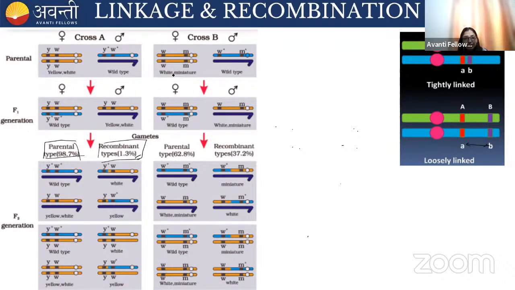The second cross he did between the wings and the eye color. And he obtained parental 62.8% and recombinant 37.2%. Okay, so here also this is an example of incomplete linkage. So the first cross is done between the body color and the eye color, and we are getting recombinants of 1.3%, right?